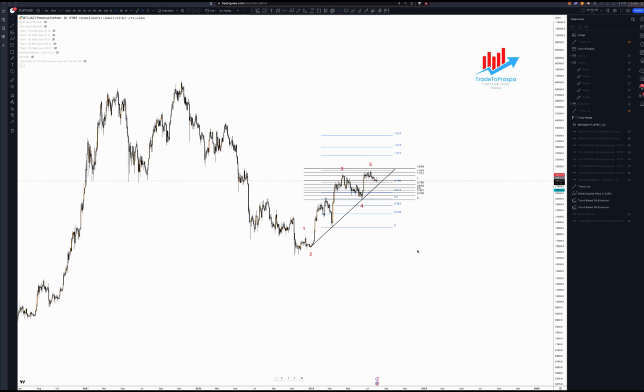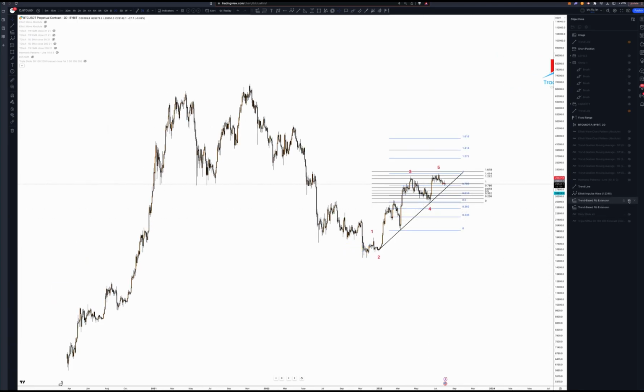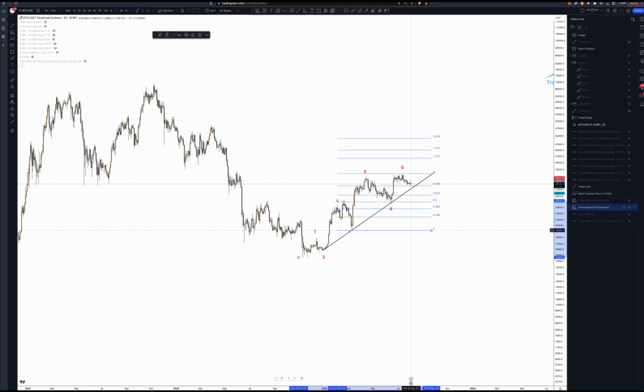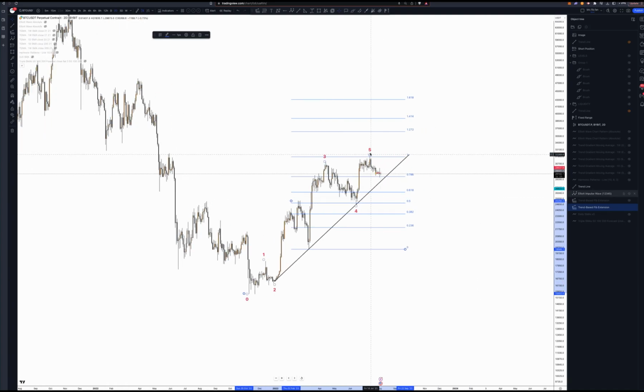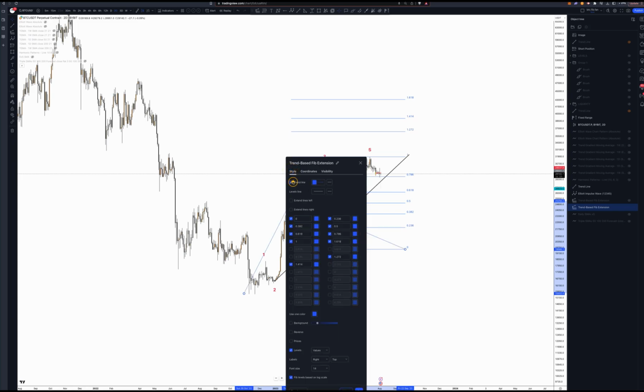Today I'm just going to do the two things that are Fibonacci based and just standard technique. And I believe, using Elliott wave, that this is wave 5. Let's just put that out there.